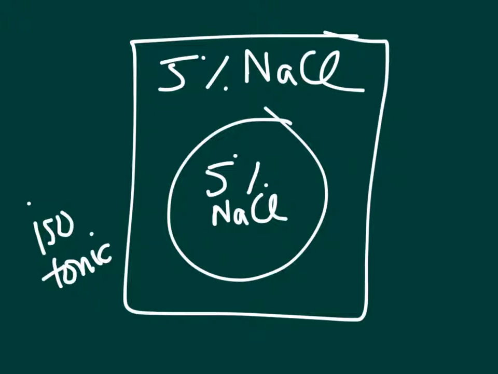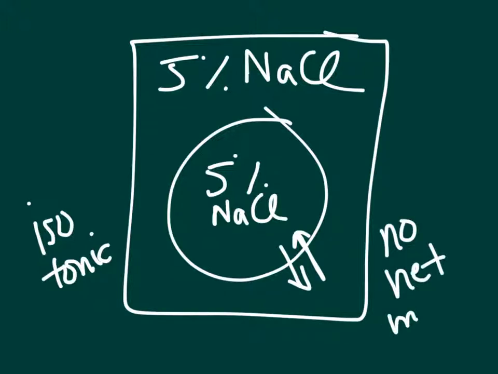It stays the same concentration, so there's equal movement in and out. There's equal movement in and out, and we call that no net movement. If you always take 2 steps forward and 2 steps back, you end up in the same place every time.